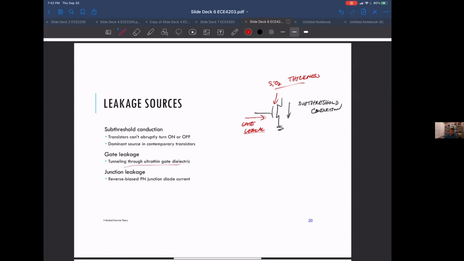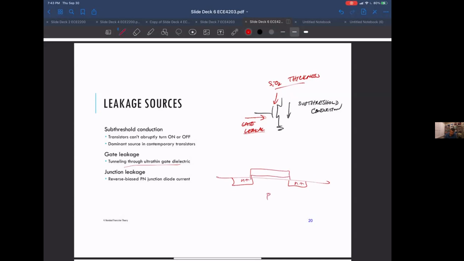And then there's the leakage of the junctions itself. So remember that the drain and the source are PN, or reverse bias PN junctions.